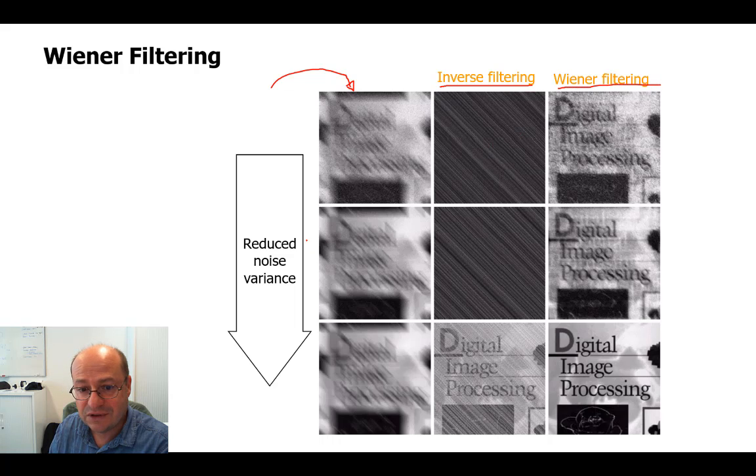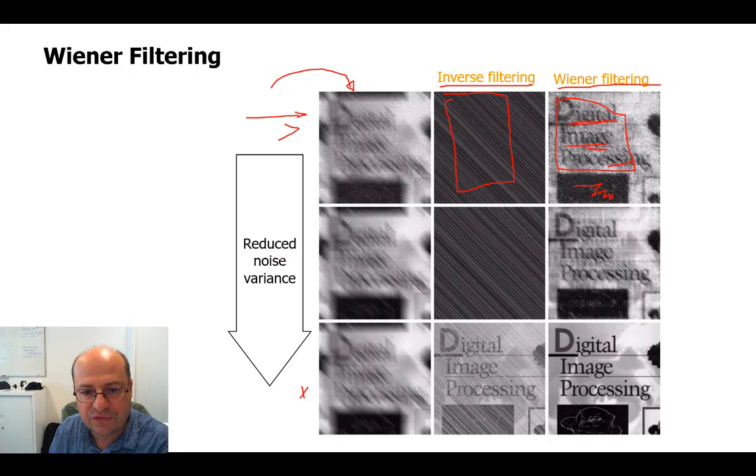Look, this is in the scale of reduced noise variance. So there's a greater noise variance here than here. With great noise variance with inverse filtering, I get nothing. Whereas with Wiener filtering, I sort of can see some stuff. I can read that. Digital image processing. I can't see Master Yoda here.